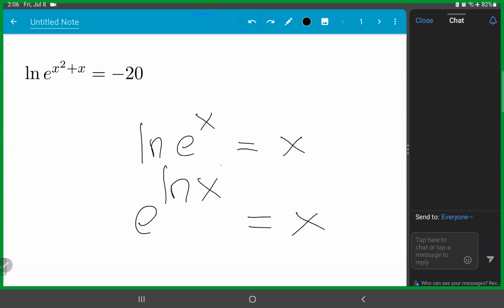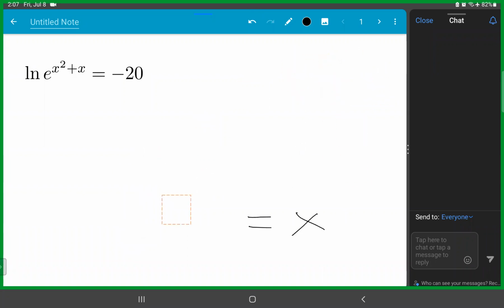Similarly, if I take the logarithm of x base e and then raise e to the result, I get back to x. It's like taking the square root of 4 and then squaring it back, you just get back to 4, right? A square root and squaring undo each other. That's also what ln and e do to each other.